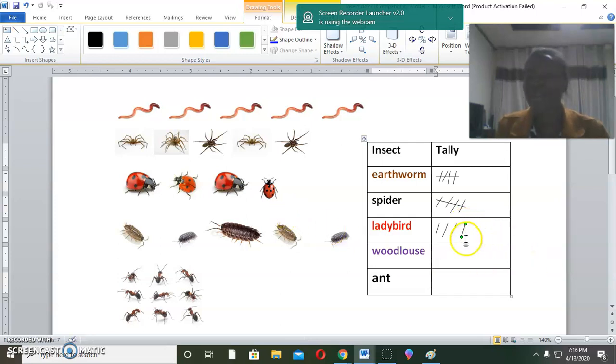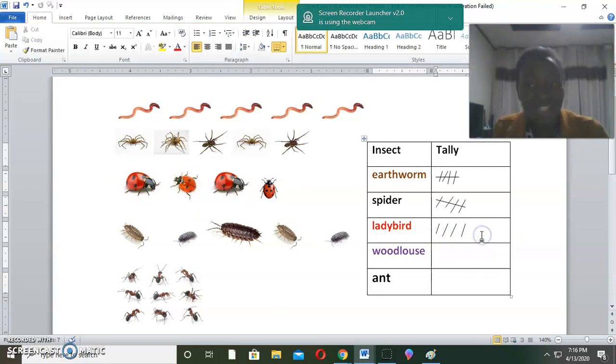So these are 4. The ladybirds are 4. When we reach 4, remember they are not 5. They are 4 insects. That means I only draw 4. I did not draw a line going across. Okay, so we leave it at that.